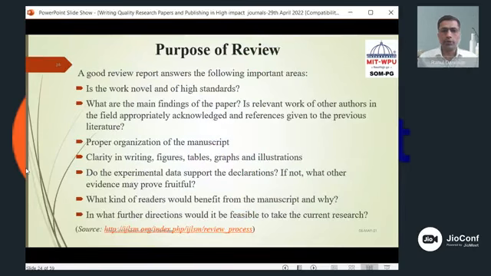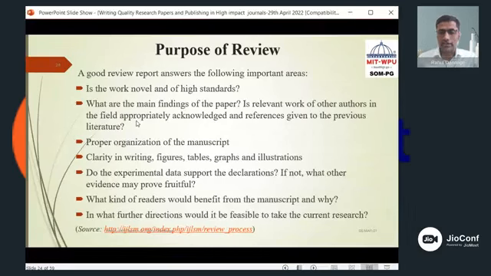A good review report will answer the following areas: whether the work is novel, whether it is meeting some standards, and what the main findings of your research work are. So this is one of the important areas, what the reviewers or the editorial board is looking at in your paper.